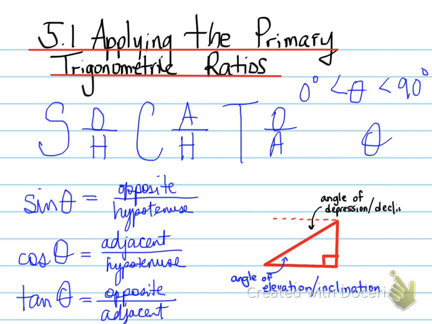Now, the angle of depression, or declination, has the same values. So, for example, if someone is here at the bottom looking up towards someone here at the top of a hill, the person at the top of the hill will have the same angle of depression as the person at the bottom of the hill having an angle of elevation.